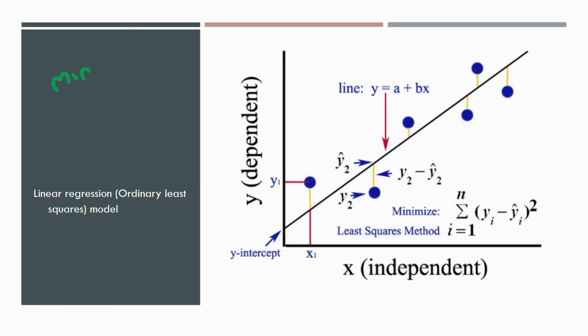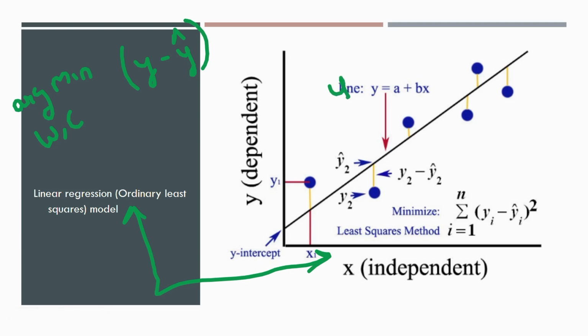Simply, I will write the error as y minus y dash. We are minimizing this by finding the arguments W and C. We are finding the W and C which will minimize the error, because everything depends on W and C.